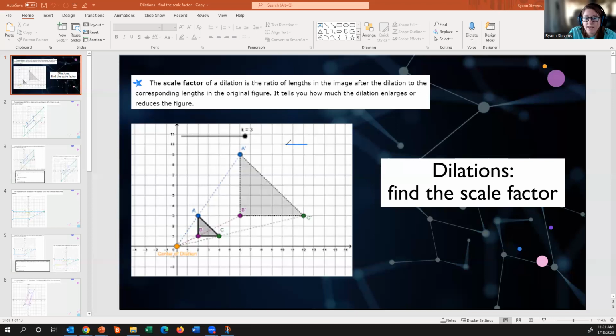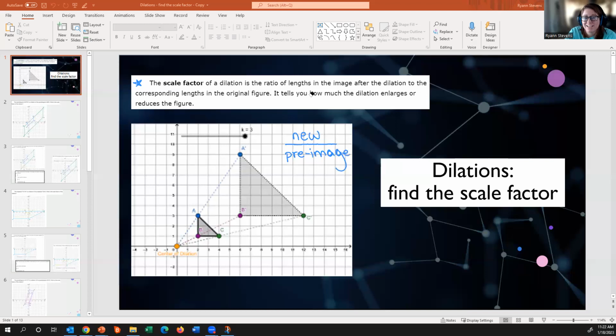So when we look at this, we're talking about a ratio of finding the lengths from the image to the pre-image. So we kind of set this up as a ratio or as a fraction. We start with the new length, so the length of the side from the image, and we have this over the pre-image or the original.